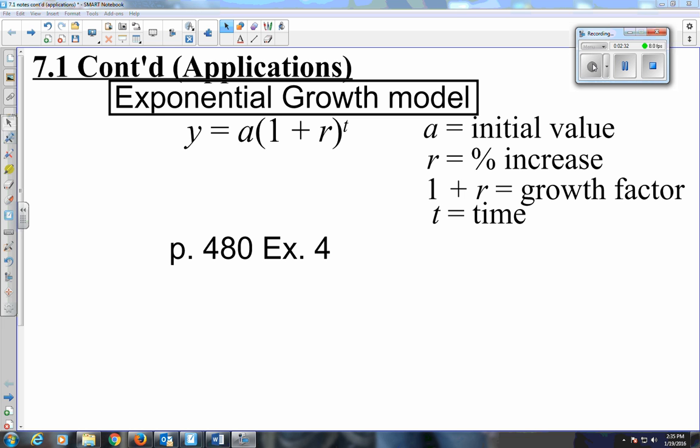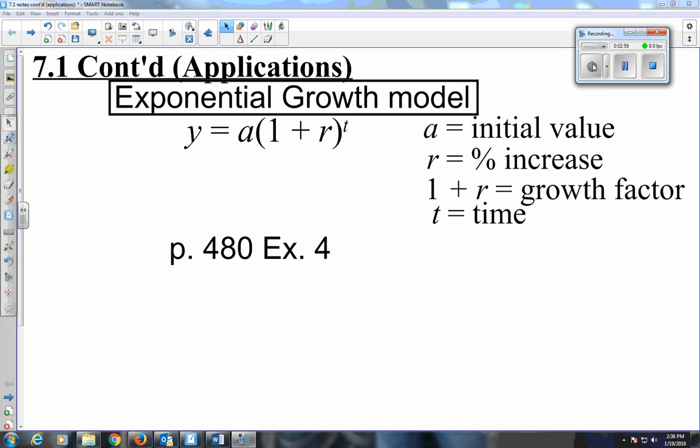My r is whatever the percent increase is. So let's talk a minute about when this model is applicable. This model applies anytime you have an approximate percent increase that is the same year after year or month after month.